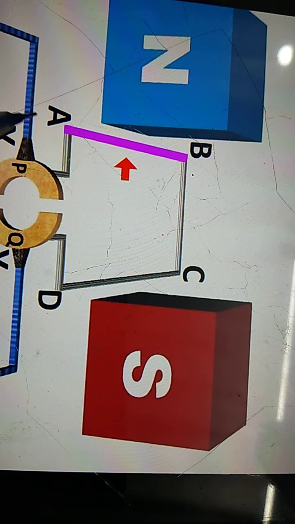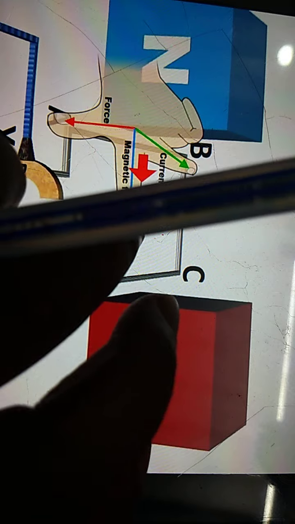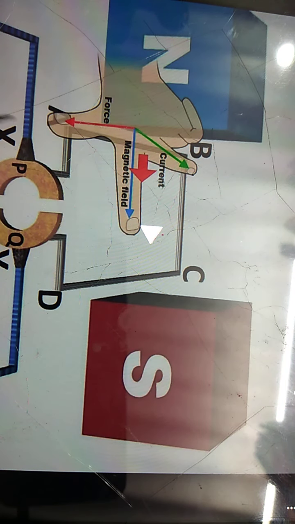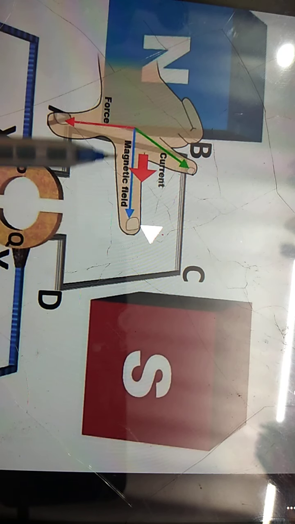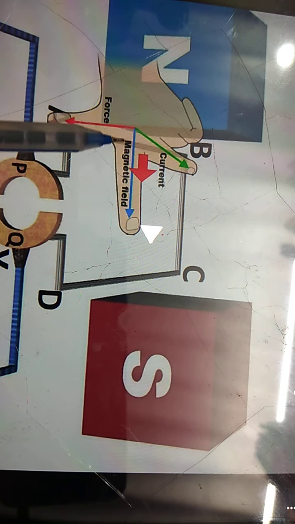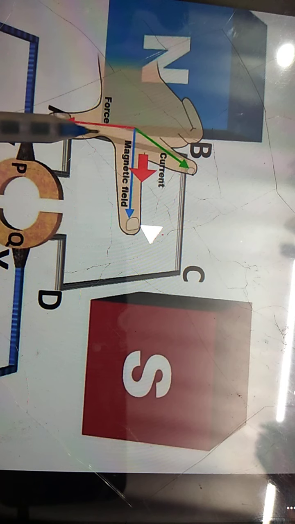Now if we consider the arm AB and apply Fleming's left hand rule, you can see here that your index finger is directing towards the magnetic field from north to south, and your middle finger is directing towards the current. So from Fleming's left hand rule, you can see that your thumb is going downward.